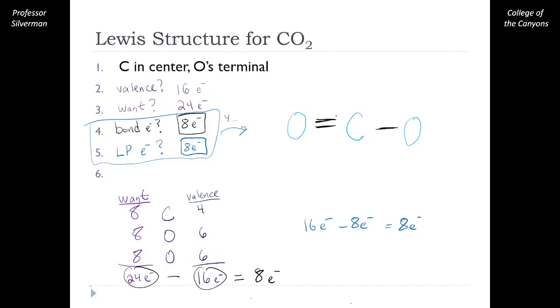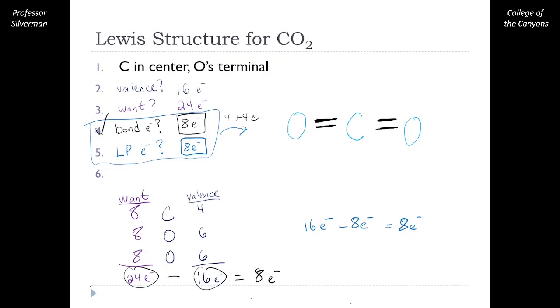There's no place to put them except maybe we can double up here. Maybe we can double up here. There's nothing else that needs to be connected. Now we can start building double or triple bonds. Four lines is 8 electrons. We've filled in all of those bonding electrons.